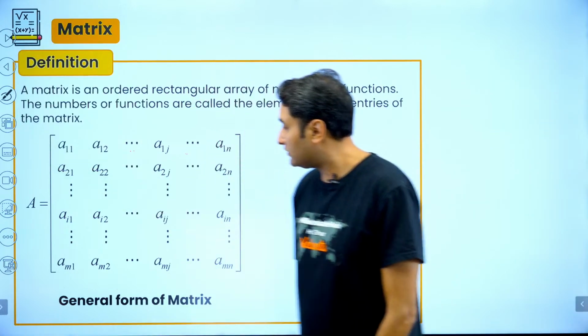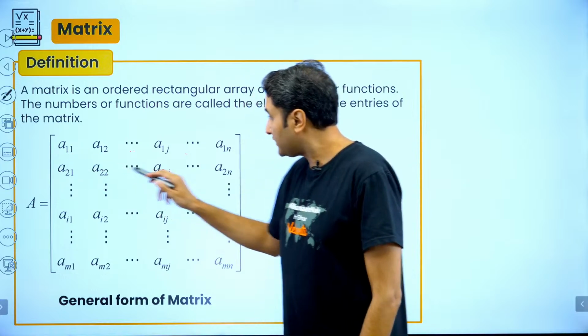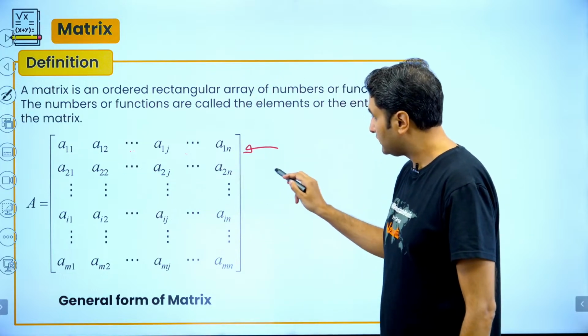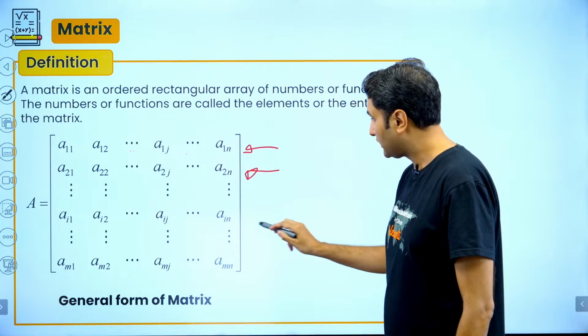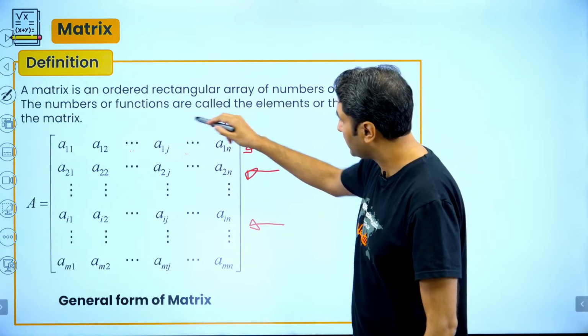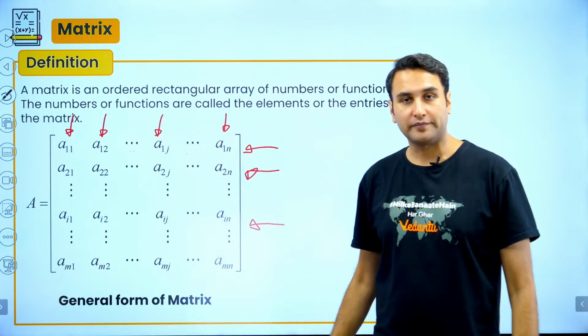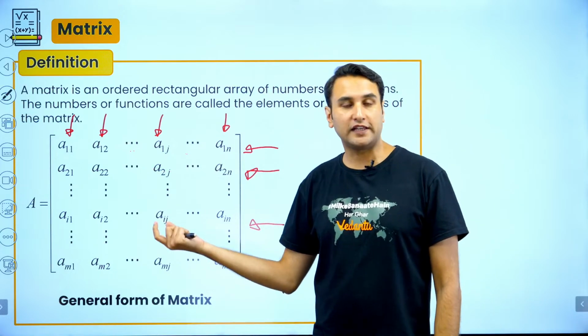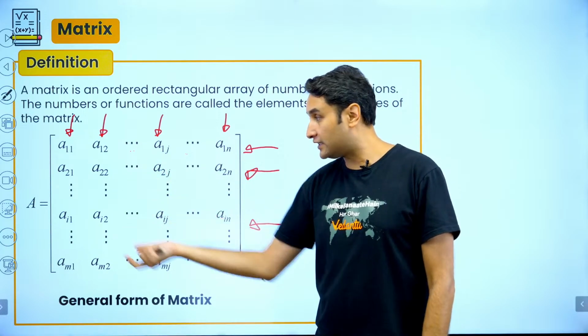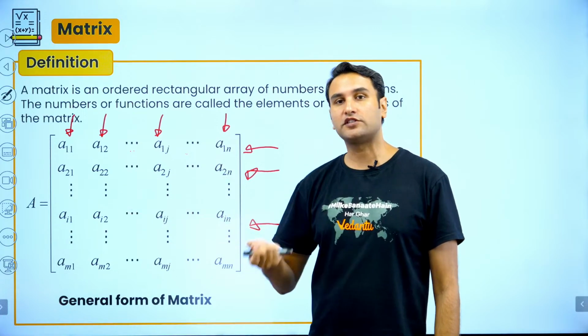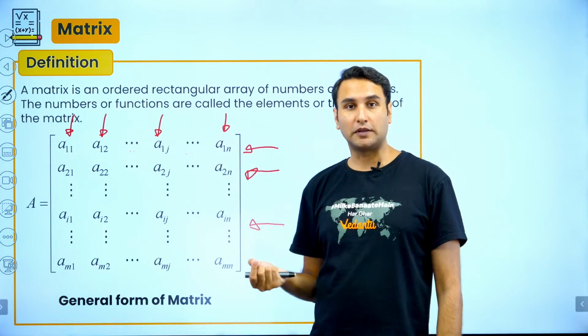As I told you, these are the rows, right? And these are the columns. So like we do in coordinate geometry, we can also represent any element in this particular matrix with its row and column number, right?